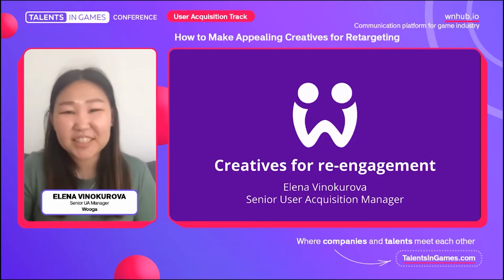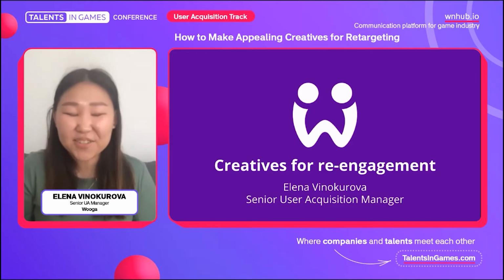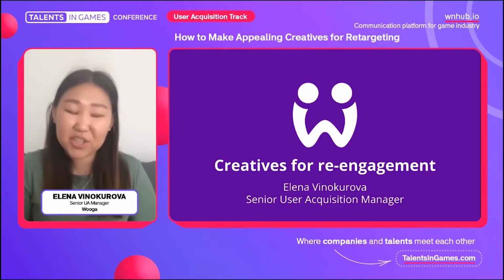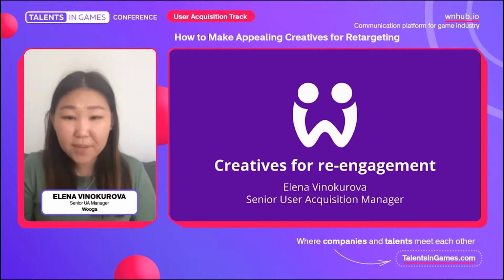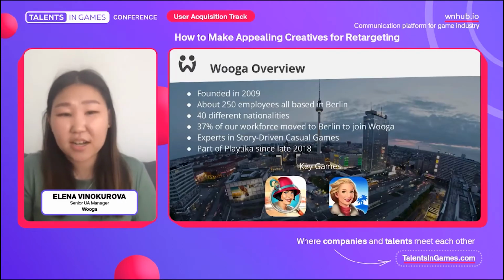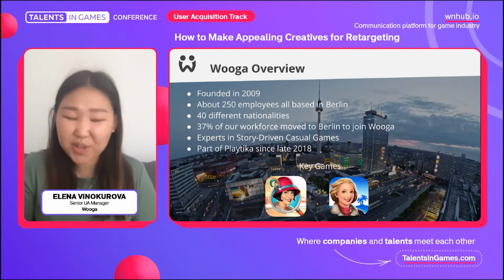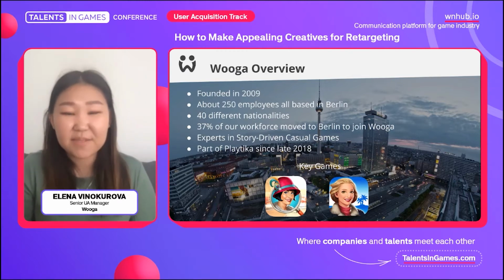So, hi everyone. My name is Yelena, as the other Yelena announced. I'm a senior user acquisition manager at Wooga. Wooga is a mobile game developer based in Berlin. We're around 250 employees, working together from all over the world to create story-driven casual games.